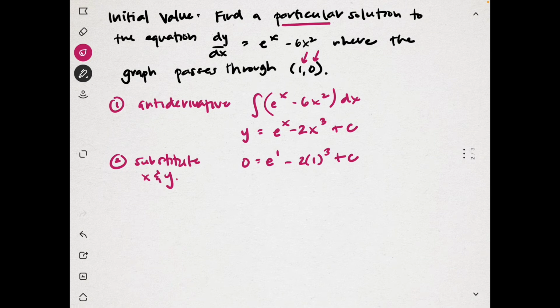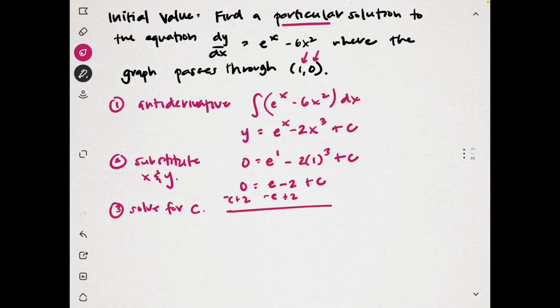So e to the 1 is e. 1 cubed is 1 times 2, so that's minus 2 plus c equals 0. And then we're going to solve for c. All right, so we're just going to subtract our e, add our 2, both sides, so that we have negative e plus 2 equals c.